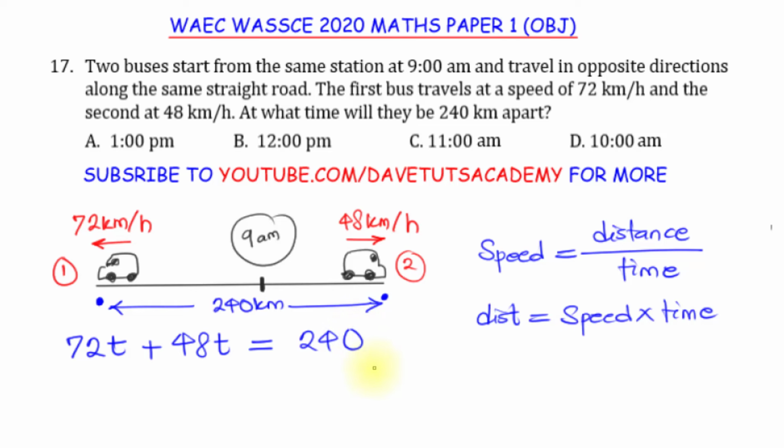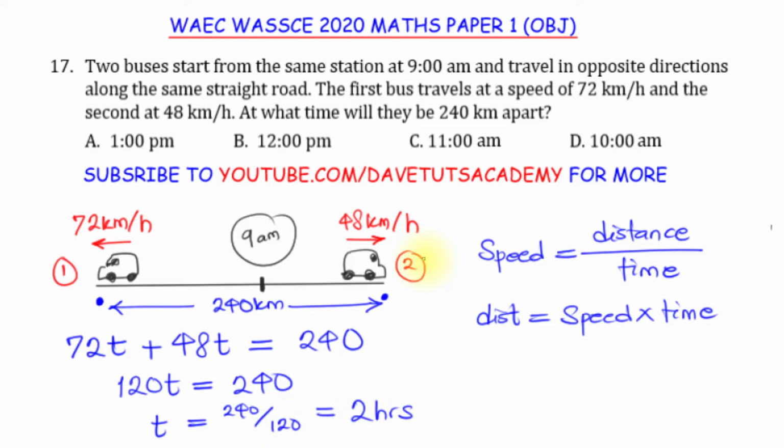This is the interpretation that will allow us to solve this question. So, 72 plus 48: 2 plus 8 is 10, remaining 1; 7 plus 4 is 11, plus that 1 is 12, so 120. So we have 120t equals 240, okay? So t, the time, will be 240 over 120, and that will be 2 hours.